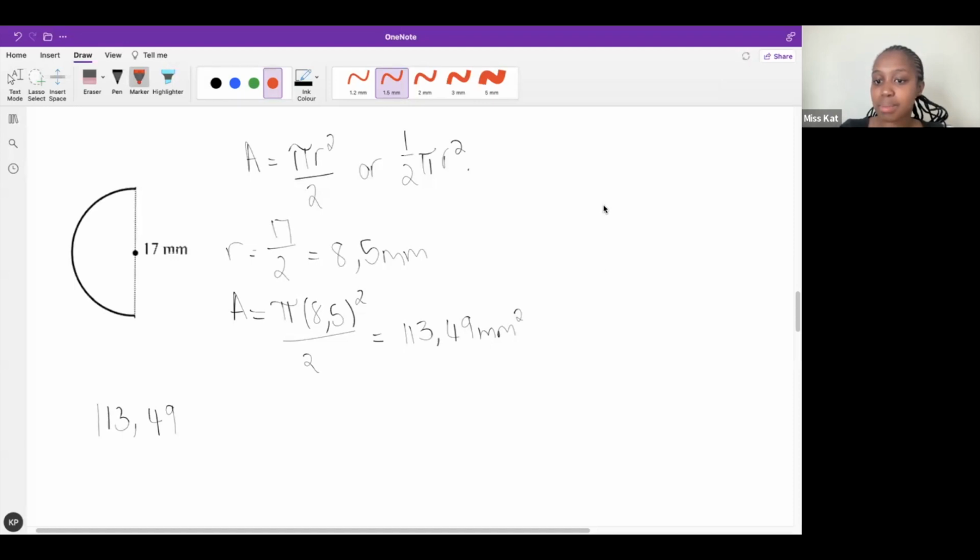Some people say divide by 1,000. I saw some people say multiply something. How do we go from millimeters squared to meters squared? We divide.